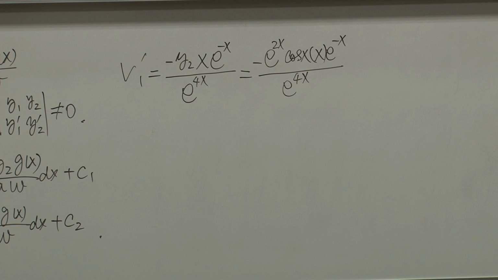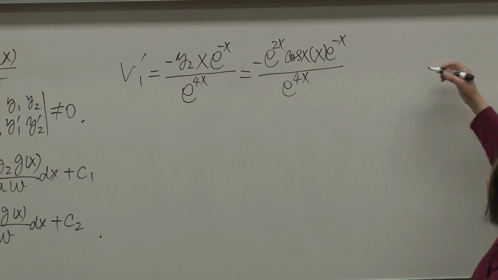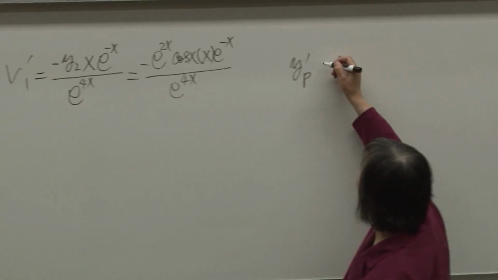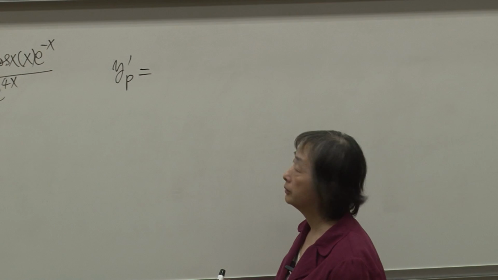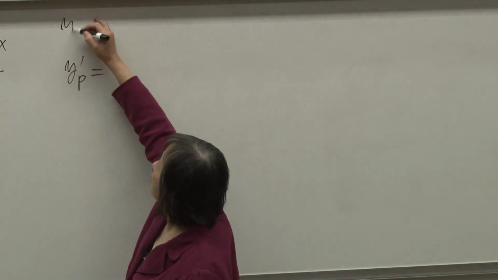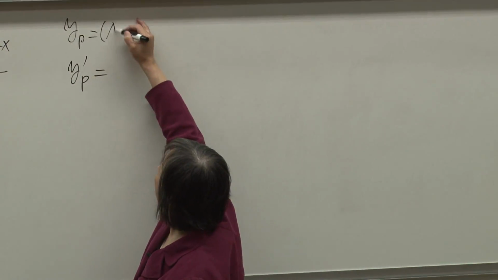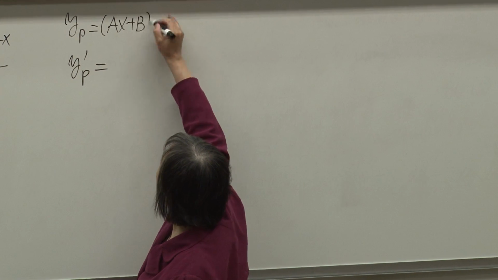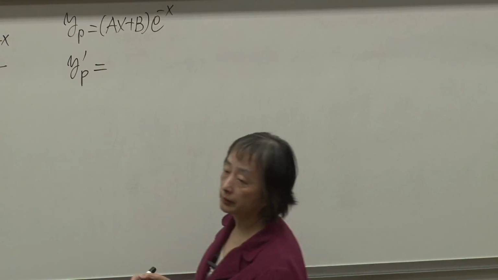So let's finish the problem using undetermined coefficient method. We take the derivative of YP using the product rule. YP is set up as ax plus b times e to negative x.